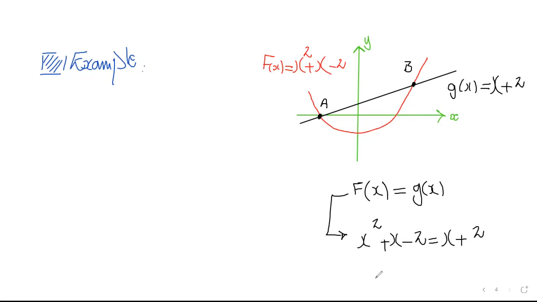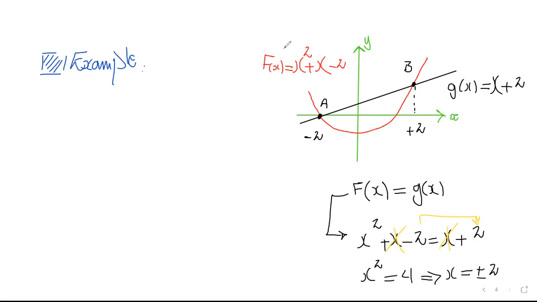Then x and x cancel out, you take 2 to the right side, then it becomes 4. So x squared equals 4, and when you solve it, you see that x is plus and minus 2. This means that A starts from minus 2, and B goes to plus 2. These are the points of intersect.